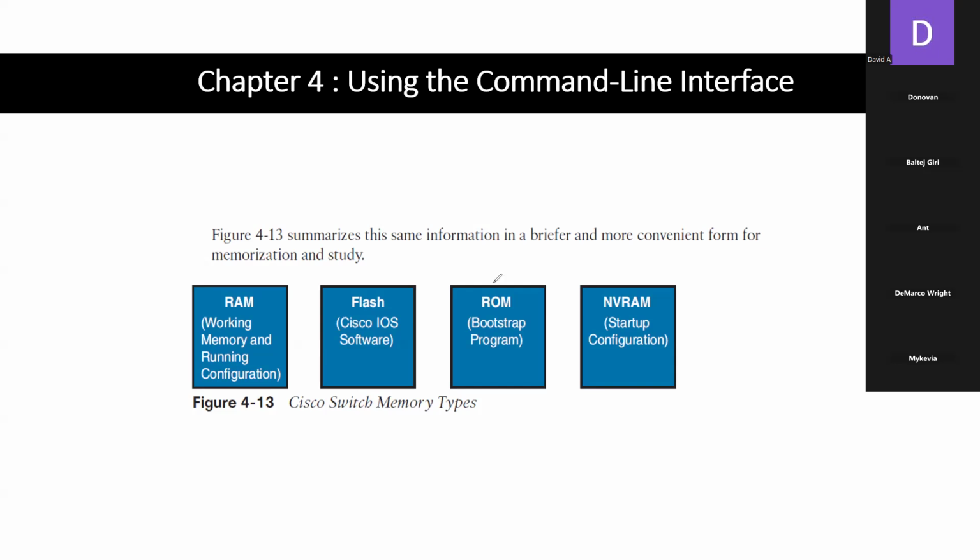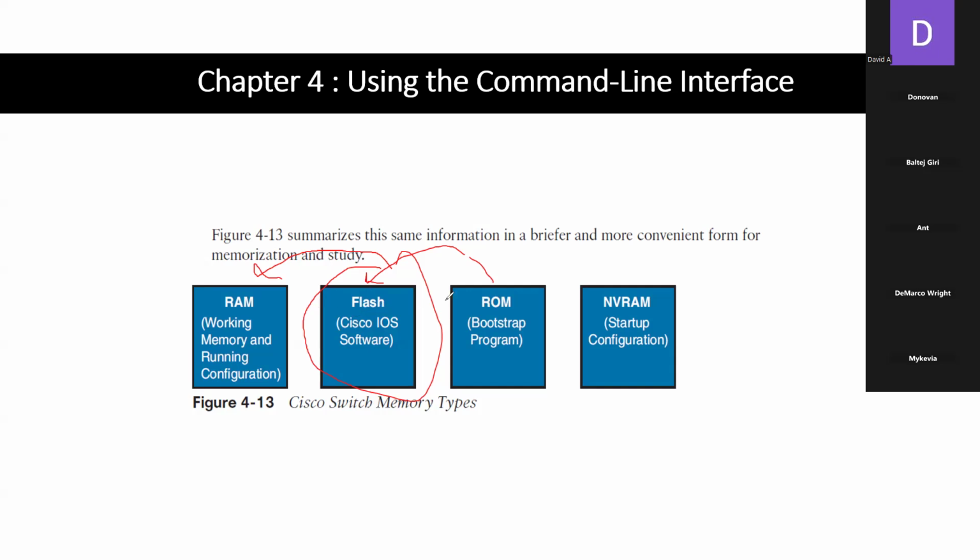The ROM finds the iOS, the firmware, and manages the process of loading the iOS. So it grabs it and says, excellent, I'm going to go ahead and load this iOS into RAM, at which point the Cisco iOS would take over the operation of the switch.